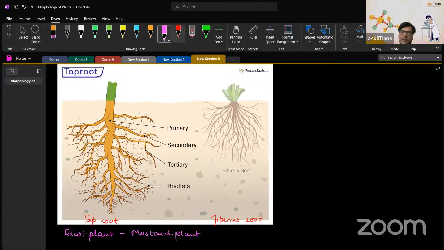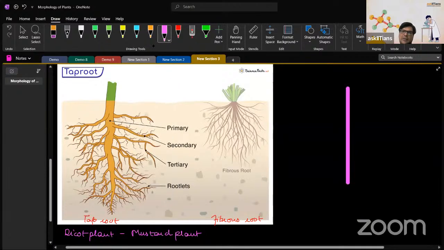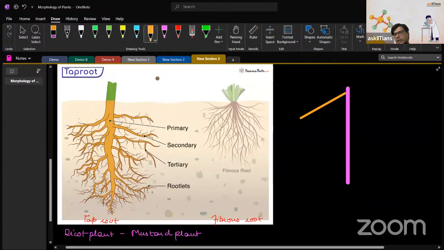Let's also write that. First of all, the scheme is something like this, right? You will have a main root, something like this. From that, let's use a different color. You will have the secondary roots, which will be going out like this. So these are the secondary roots, right?